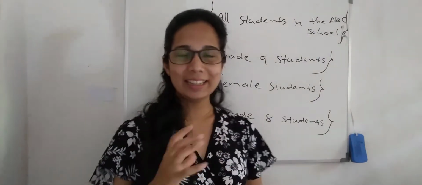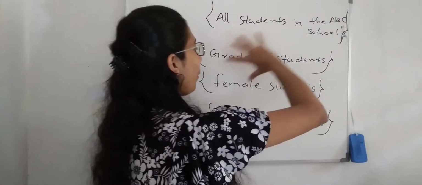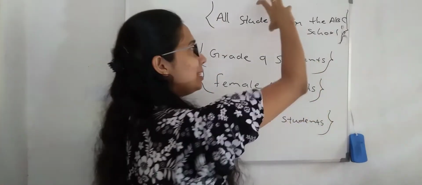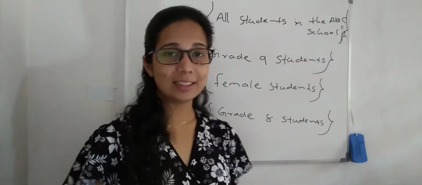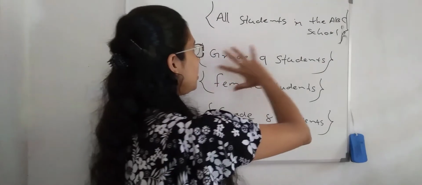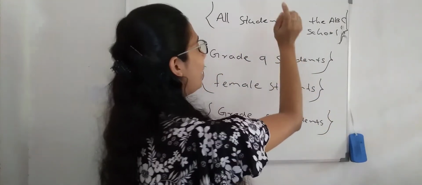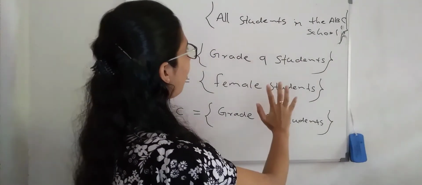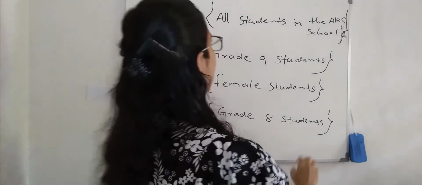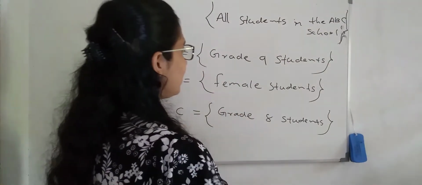Now you can clearly understand that all these elements belong in this set, isn't it? Yes, because all these students are in this school. Therefore we can say this is the universal set.